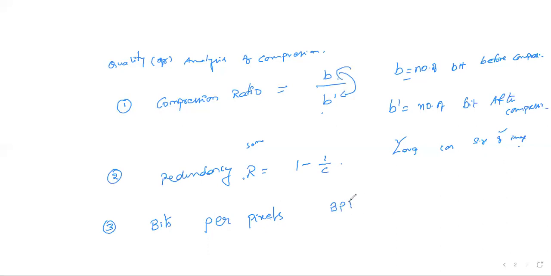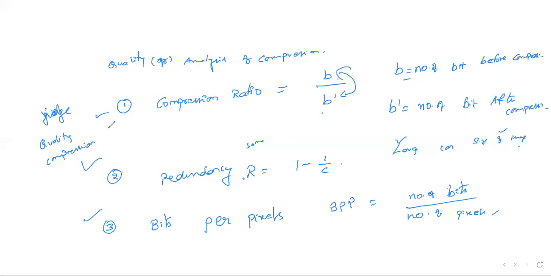BPP means the number of bits divided by the number of pixels in the image. These are the three important parameters to judge the quality of the compression techniques.